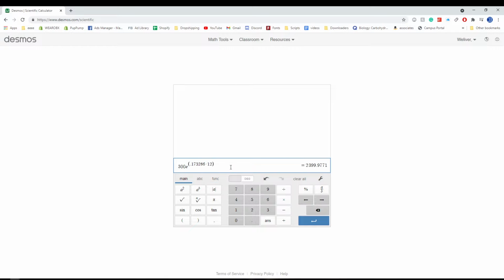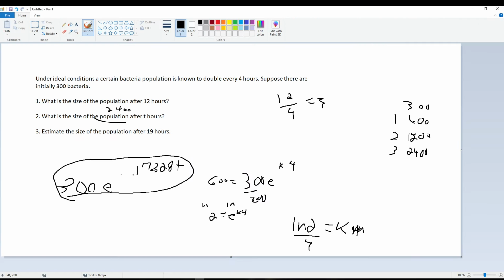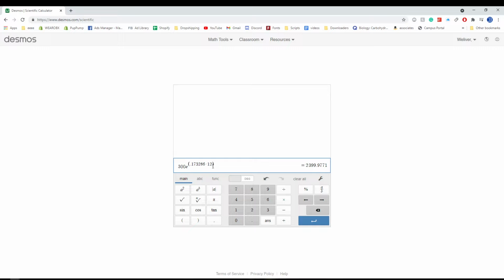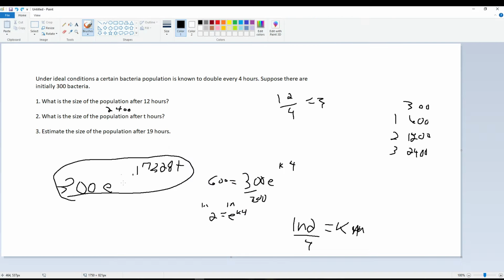There you go. Notice how this is just about 2400, 2400 right here. So you're just going to basically plug in 19. I got worried for a second, but we're good. Plug in 19. It's going to be about 8072. So our third answer is going to be 8072.